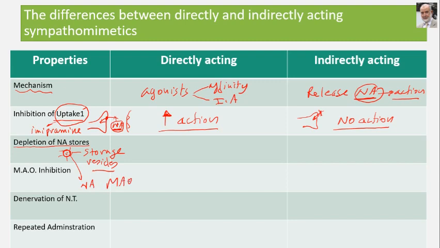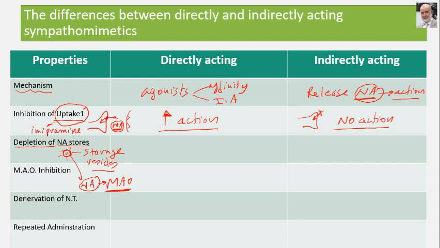As we have said, in the nerve terminal, there is monoamine oxidase. Monoamine oxidase's function is oxidizing noradrenaline and adrenaline, and 5-HT as well, and dopamine. Therefore, by destroying the storage vesicles, MAO will metabolize noradrenaline.